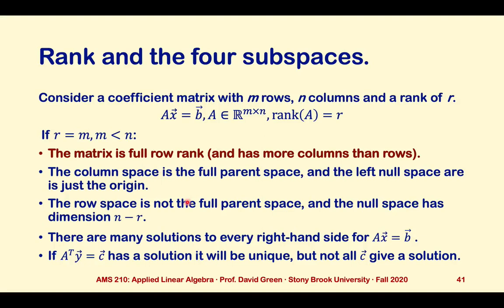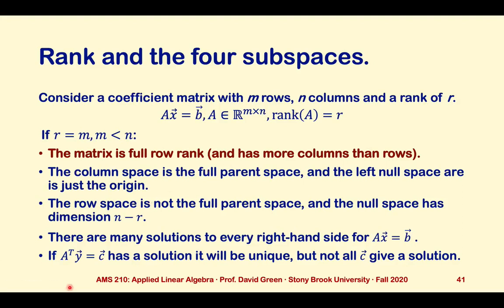The row space, however, also has dimension m, but m is less than n. The row space is not the full parent space. The null space is more than just the origin, and has dimension defined by n minus r. This means there are many solutions, because we have a non-trivial null space, to every possible right-hand side for Ax equals b, because the column space is the full parent space.